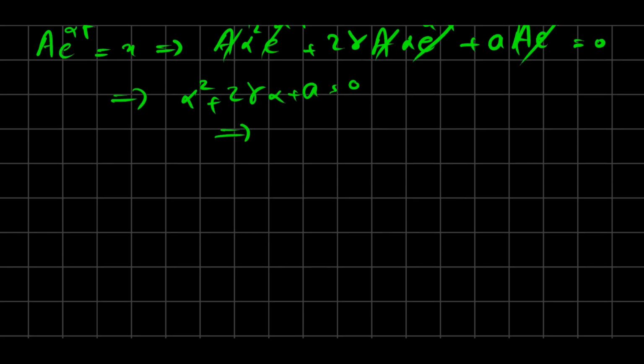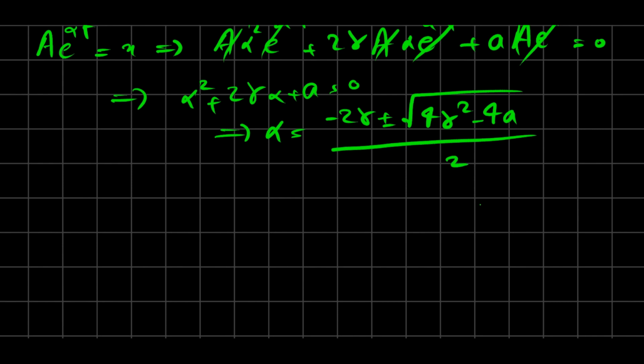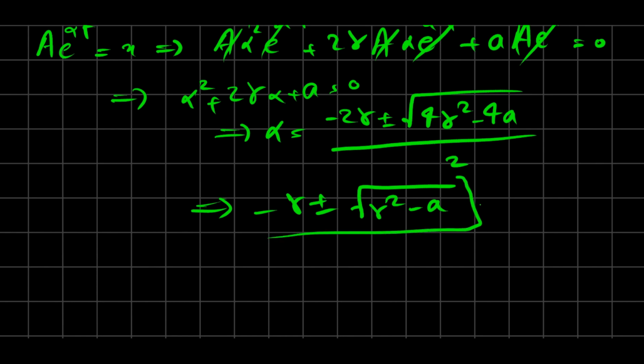This is a quadratic equation, so we solve it: minus 2 gamma plus or minus the square root of 4 gamma squared minus 4a, over 2. I cancel 2 here. These are the roots.